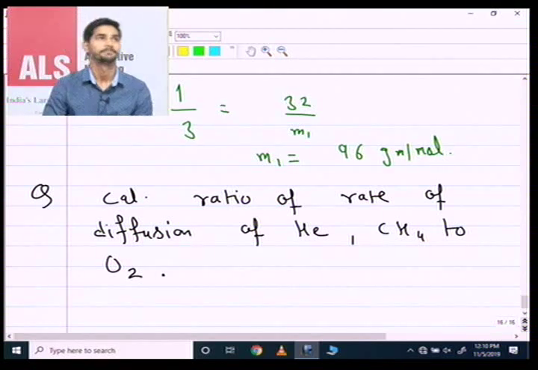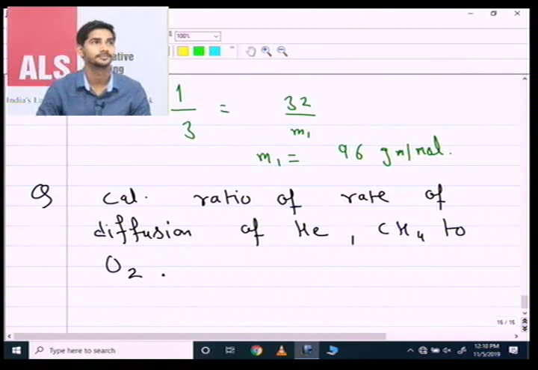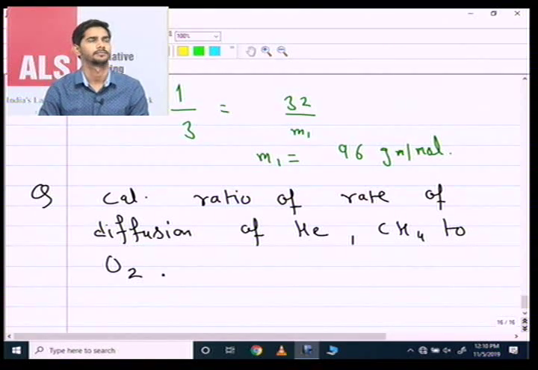Okay. Any other? Guys, you can solve the root, na? Solve the root.